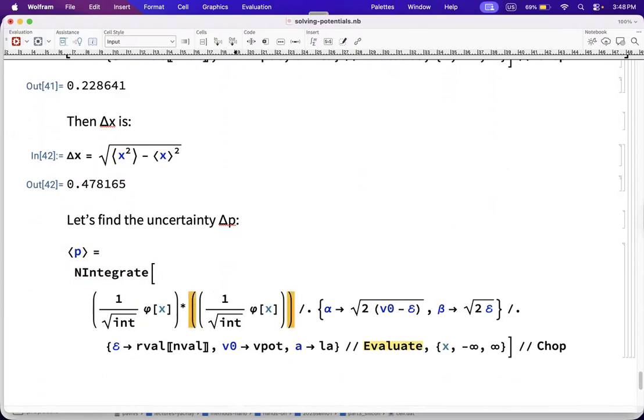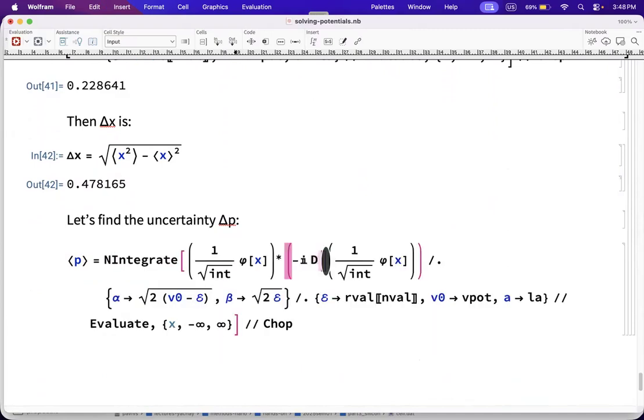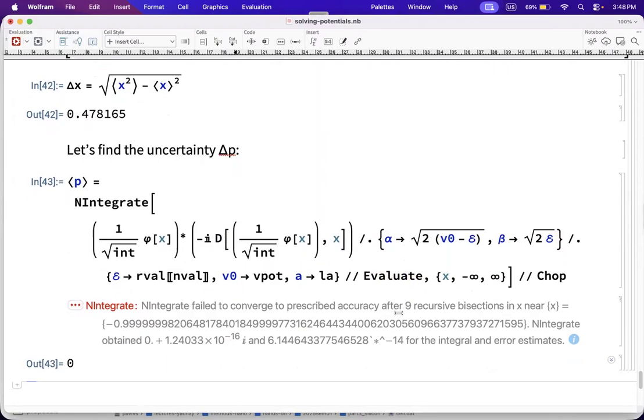Here inside, I'm going to put minus i times the partial derivative with respect to x of this function. Then you do the same operation from minus infinity to infinity, and the answer is 0.